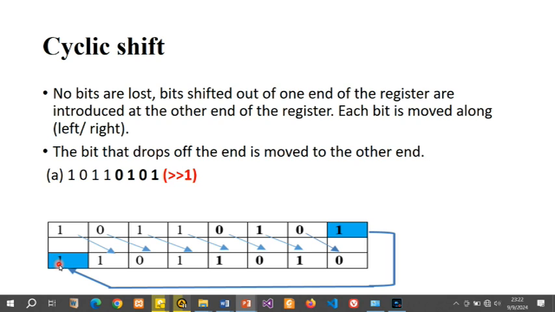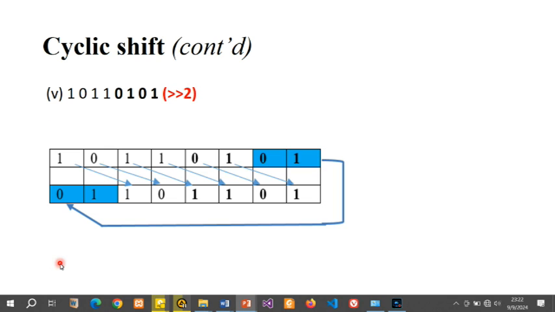Let's try another example. I have this register where I'm supposed to move these bits 2 times to the right. As usual, I move this one 2 times, it lands here. I move this 0 2 times, it lands here.